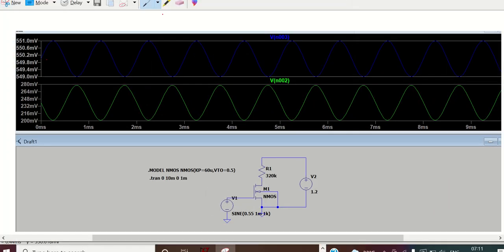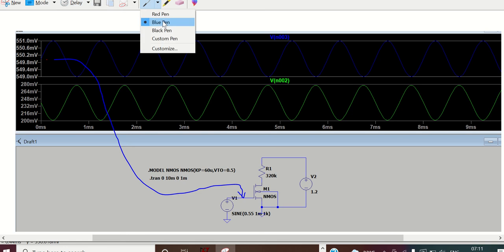This signal, the blue one, is this one, and your green signal is this signal. This is my output, green is my output, blue is my input.